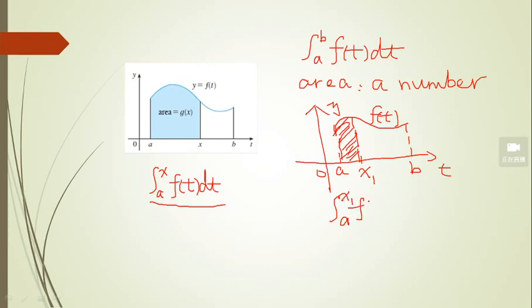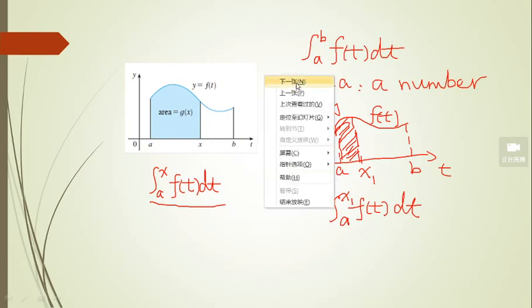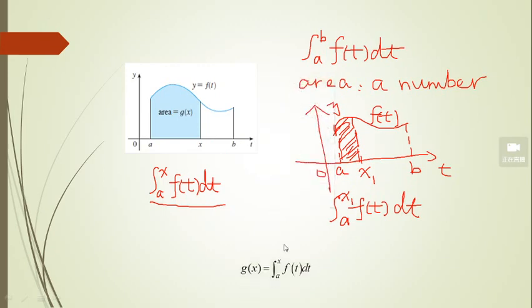Which area is larger, the first one or the second one? Of course the first one is greater. This is a to x1, a smaller one, and this is a to x, which is the larger one. Make sense? So that is the area we are going to talk about here.